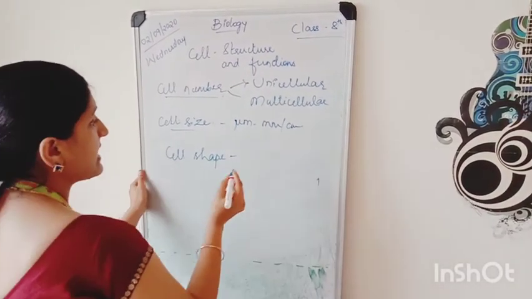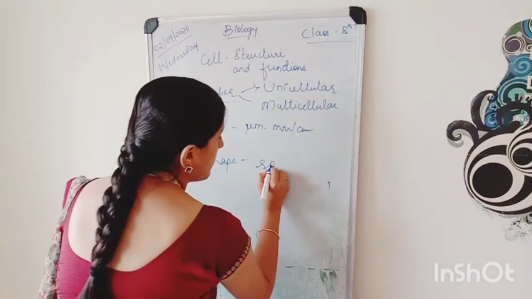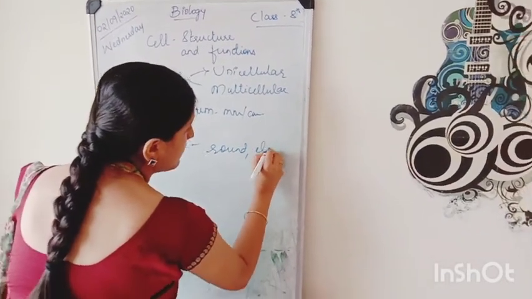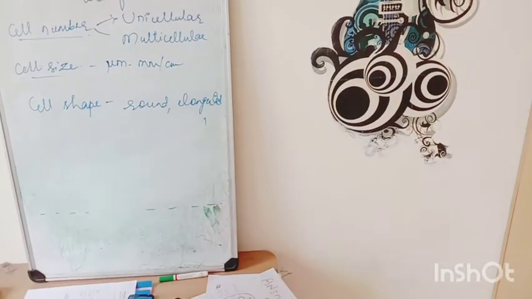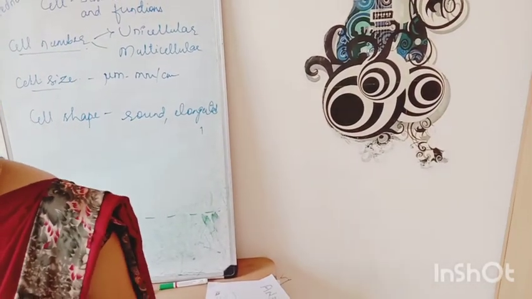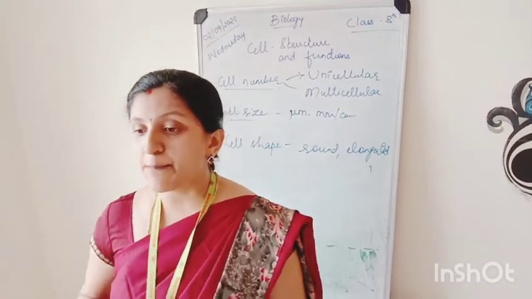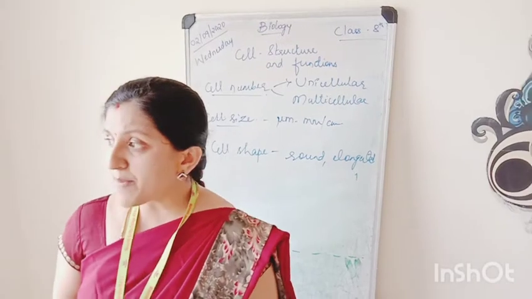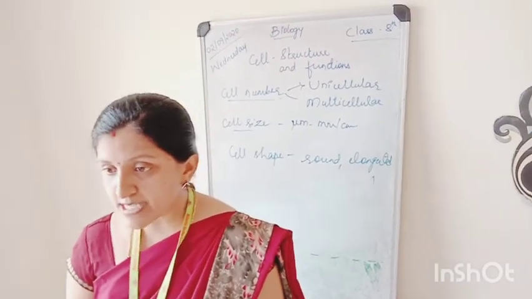Usually cells are round or elongated, but based on their functions there can be variations in cell shape. Let's take the example of amoeba, which can have an irregular shape. So it can move wherever it is possible.